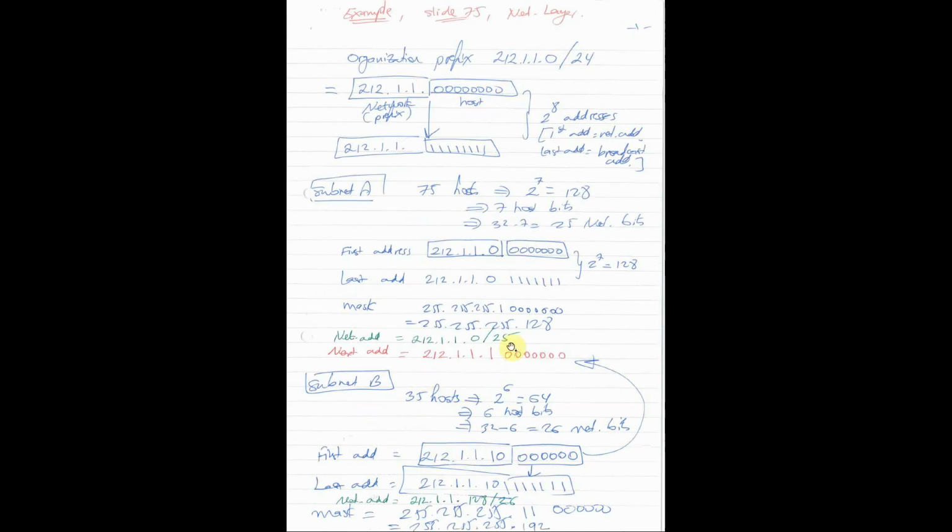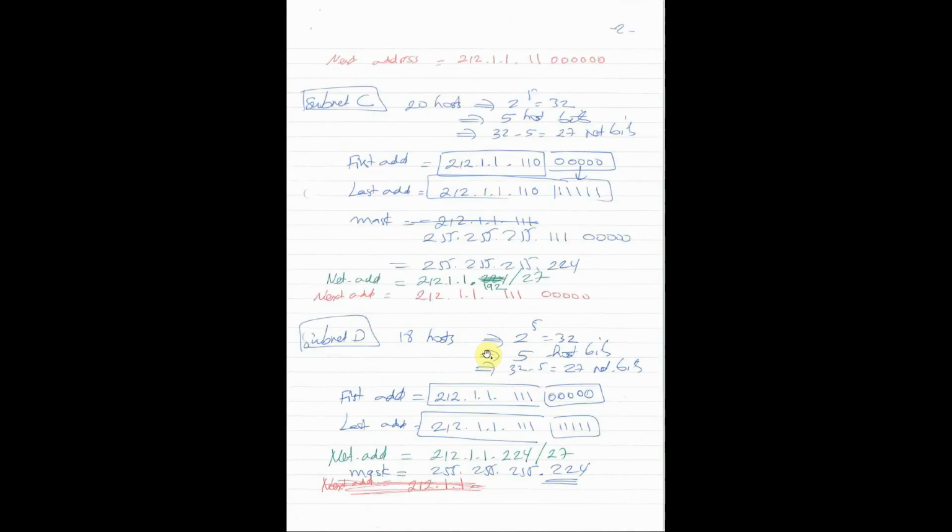Now, let's solve the questions that we need to find for subnet D. What is the network address for subnet D? The network address is the same as the first address, slash the prefix size. So 212.1.1.111 followed by zeros, which is 224, slash the prefix length, which is 27, because we have 27 network bits, so slash 27.